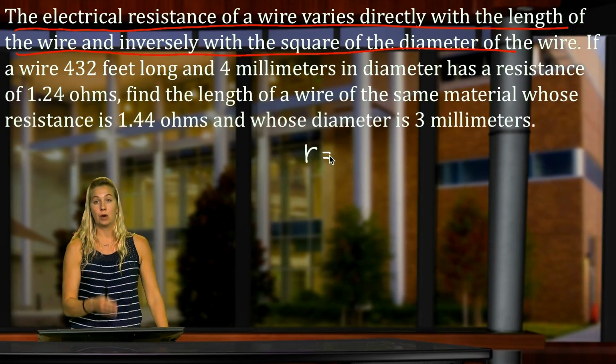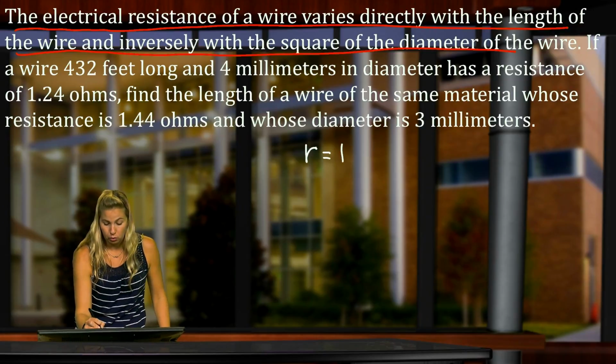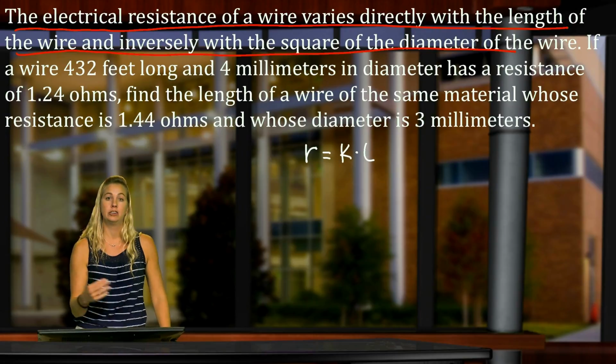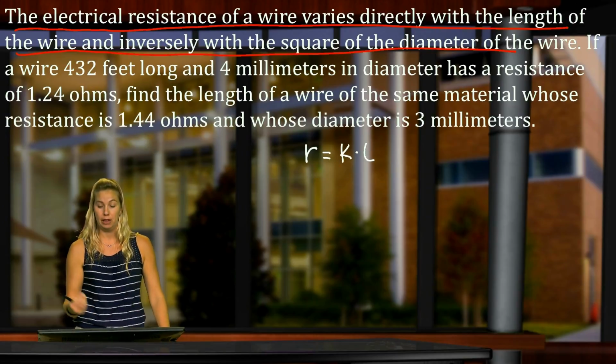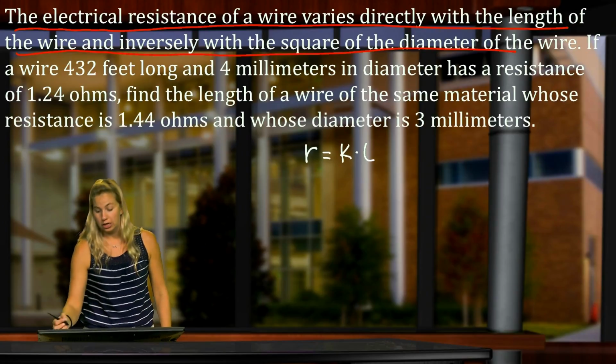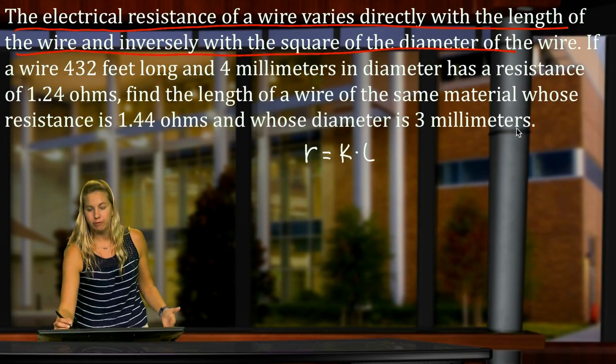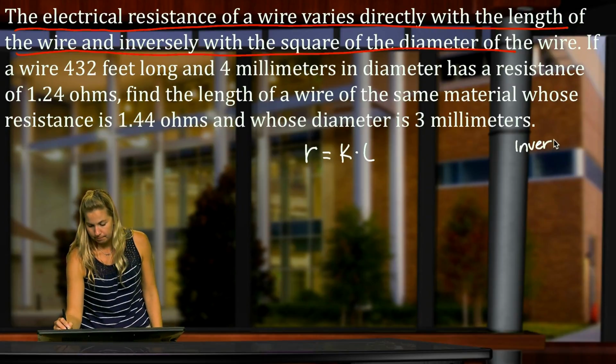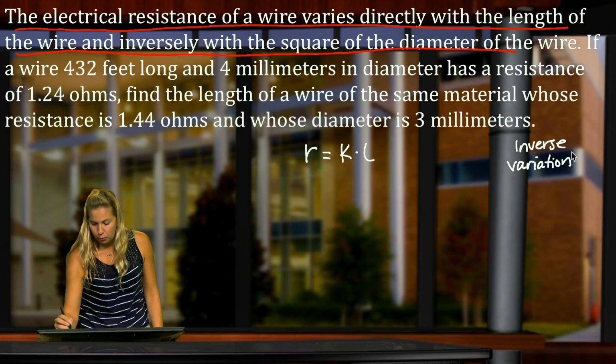It varies directly with length. So K times L shows that direct variation. We're using L for length. And inversely with the square of the diameter. An inverse relationship, if Y varies inversely, we use division.